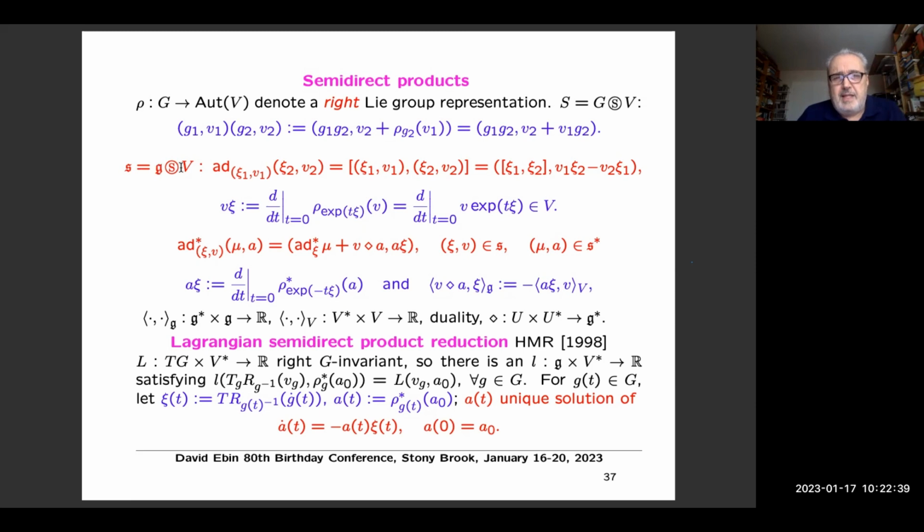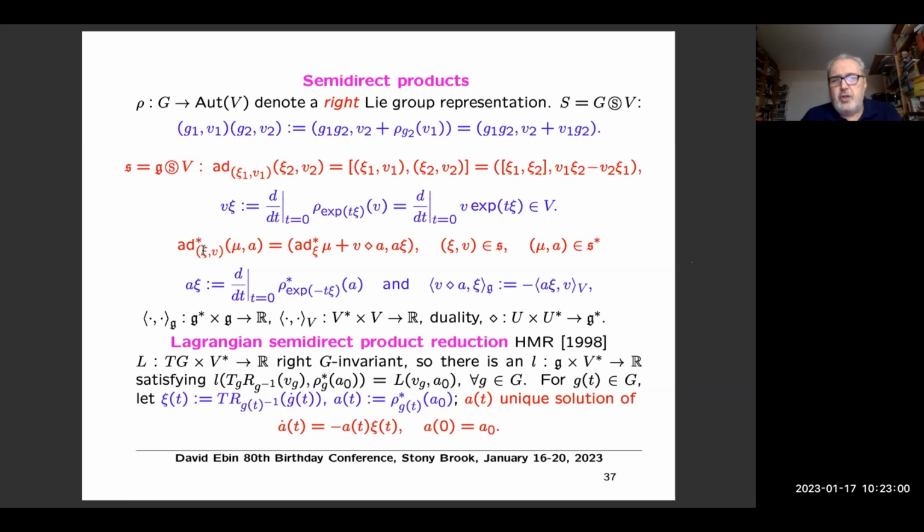The Lie algebra is the semi-direct product between the Lie algebra and the vector space. This is the adjoint action, which is the bracket, and I tell you this. So here you see g_2 acting on v_1 and here xi_2 acting on v_1, right? The Lie algebra element v·xi is the infinitesimal generator of the action. I wrote it down here.